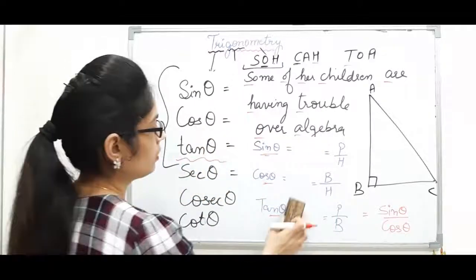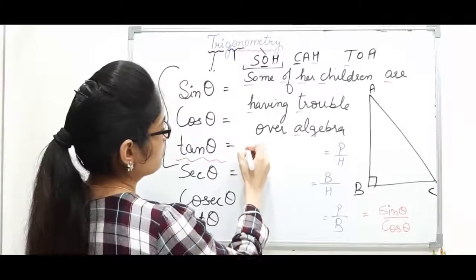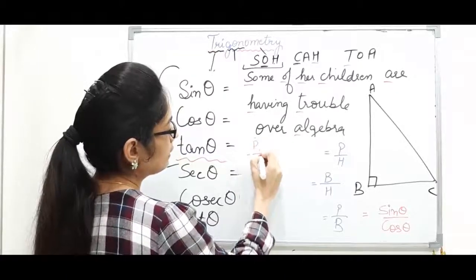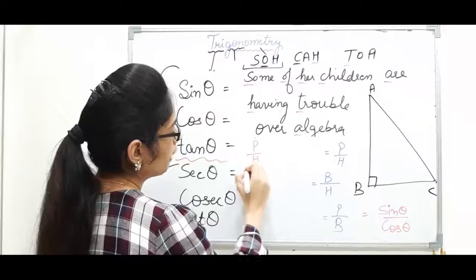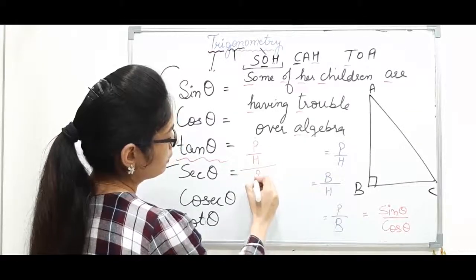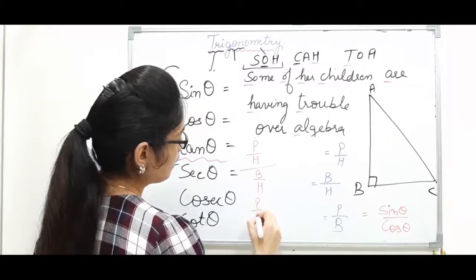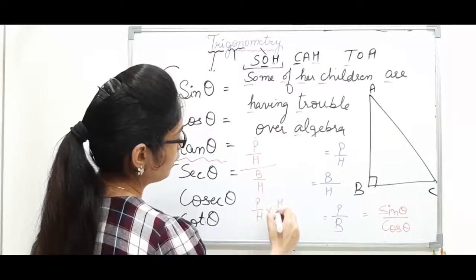How? Sin theta is P by H, divided by cos theta, which is B by H. When you divide, it becomes P by H into H by B.